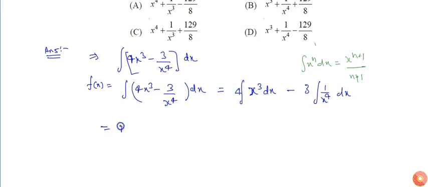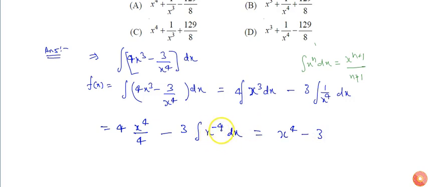So the integration of x^3 dx will be x^(3+1), that is x^4, divided by 3+1, that is 4. Minus 3 times the integration of x^(-4) dx. So I'll get x^4 minus 3.